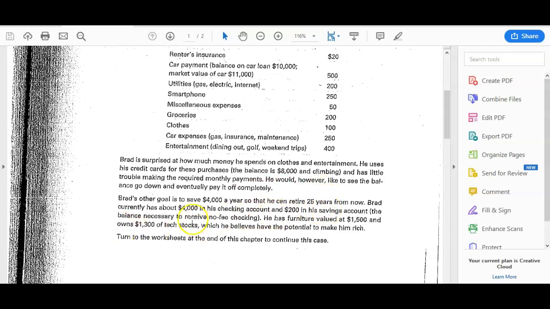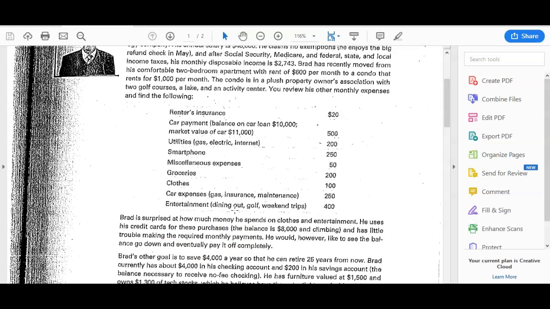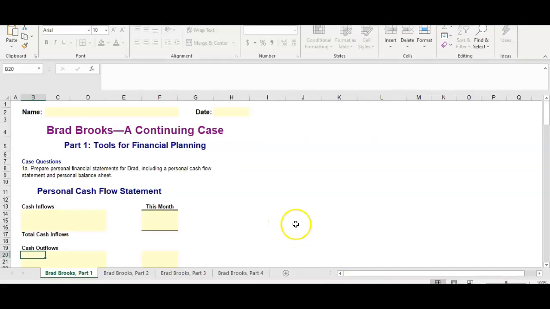He currently has about $4,000 in his checking account and $200 in his savings account. He has furniture valued at $1,500, and he owns stock worth $1,300, which he believes has potential to make him rich.